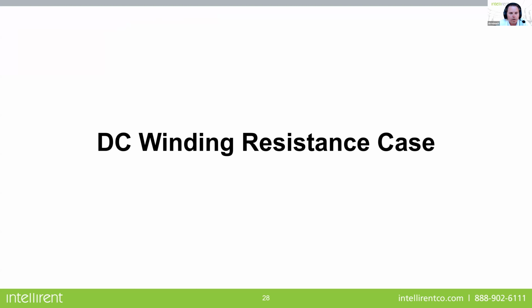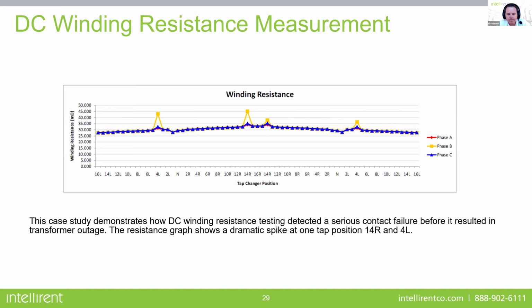DC winding resistance. This is a case that I was involved in, just to share an example. So here's a result of an LTC. So we did a winding resistance on all taps. So we started from the low side, went to the high side, then we went back to the low side. So low to high, and then high to low.